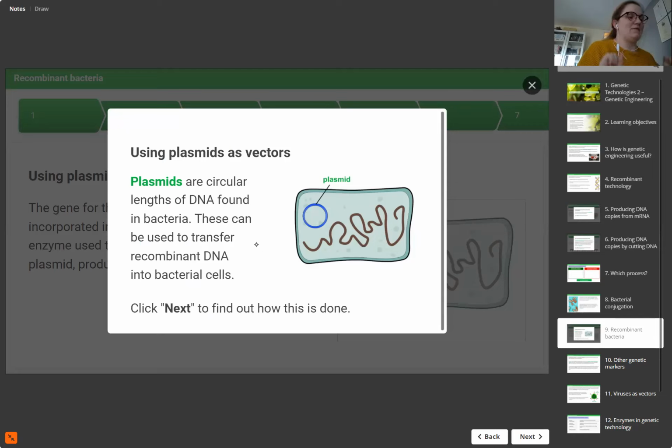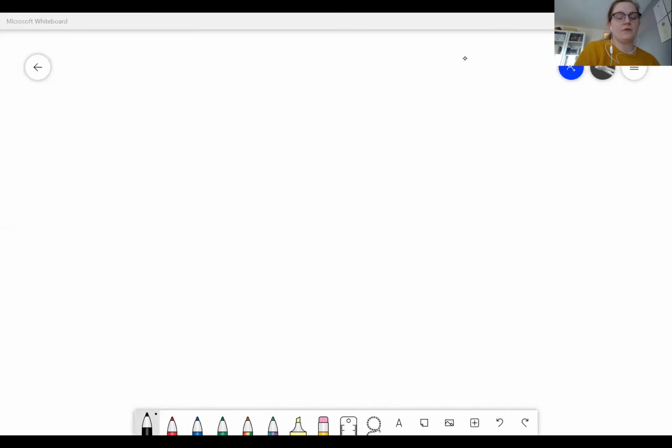Now, I'm saying this, but I'm just going to pause this for 2 seconds because I've just given you 2 ways of making DNA fragments, but there's one other way of making DNA fragments that I just want to go through. Okay, so the 3 ways of making DNA fragments are, as I've said, 1, using reverse transcriptase.